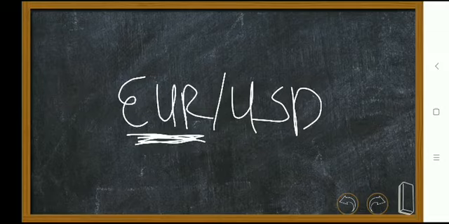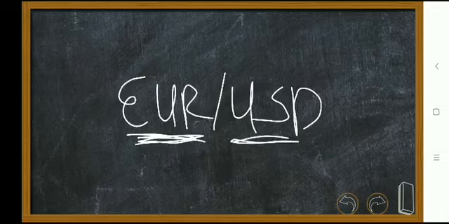Euro might be weak because its economy is weak, or it might be weak because USD is strong. So when one is strong, it automatically makes the other weak. So when USD is stronger than euro, regardless of euro being stronger than the GBP, the JPY, the AUD, the NZD, the CAD, as long as USD is stronger than euro, that makes euro automatically weak.